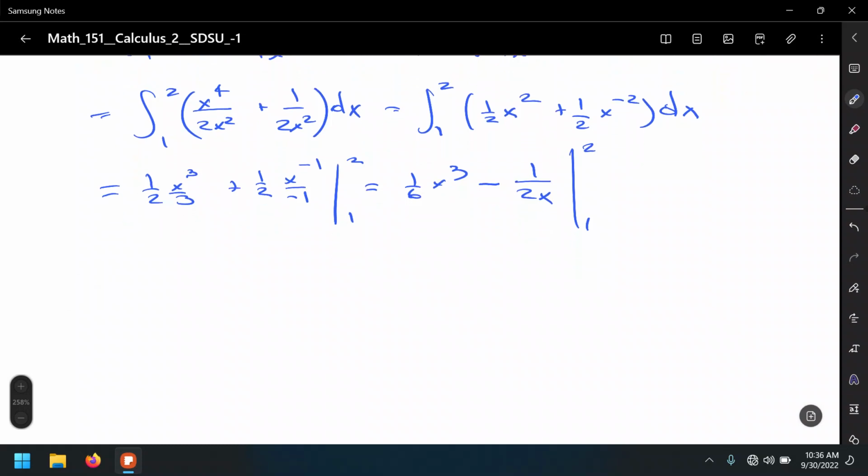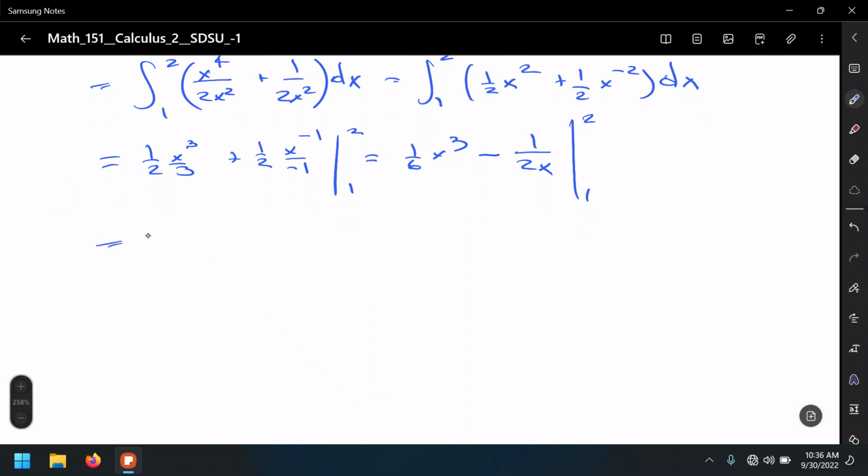So let's see. F of b minus f of a. You know, we've done this a lot of times. So that's 1/6 times 2 cubed minus 1 over 2 times 2, minus 1/6 times 1 cubed minus 1 over 2 times 1.